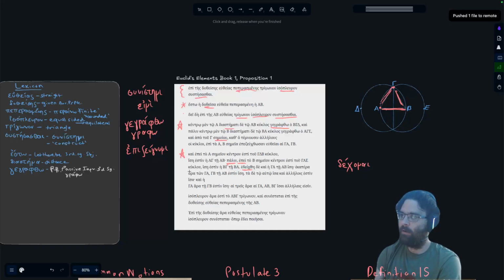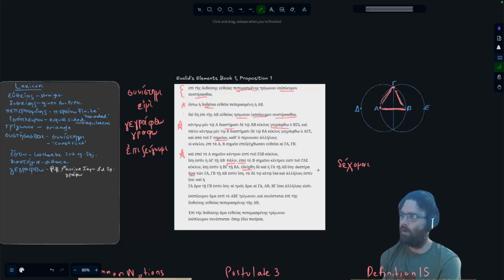And then we have our connector here, ara. And then, or thus, each of the two, gamma alpha and gamma beta, are equal to alpha beta. So we have both of those lines are equal to alpha beta.